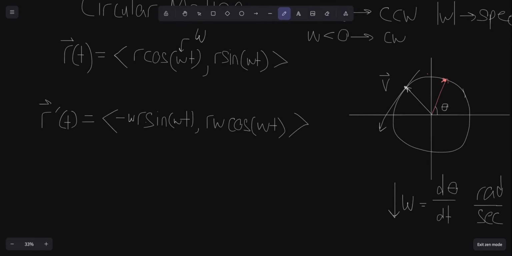I know that two vectors are perpendicular if the dot product of them is equal to 0. So if I take r of t dot r prime of t, and the dot product between them is equal to 0, then I know that our position vector has to be perpendicular to our velocity vector.